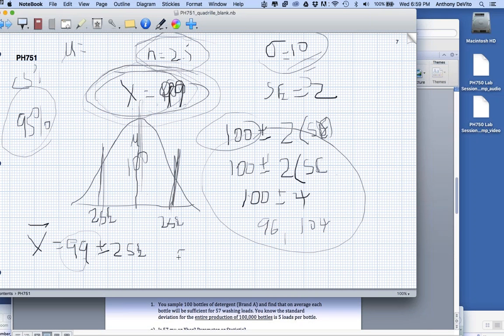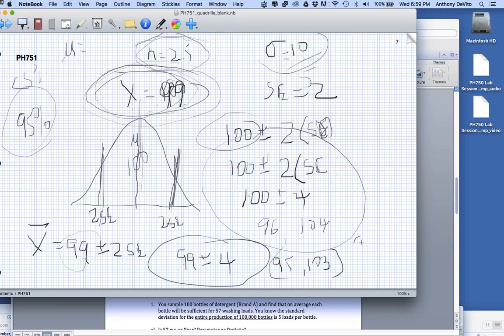So what would that be? That would be 99 plus or minus 4. So what I'm saying is, even though my mean came out to be 99, I'm 95% certain the real population mean is likely to be between 95 and 103.